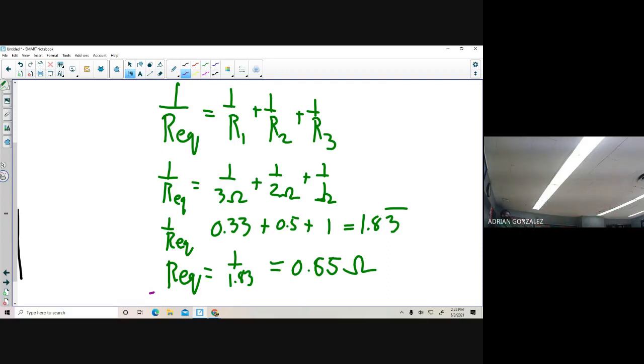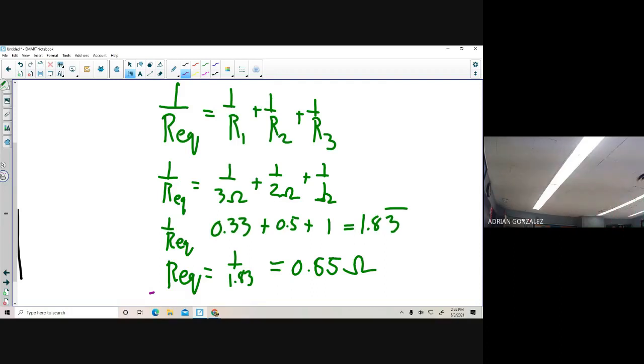Now, when you're doing this, the other thing you want to look for, and the reason that you could have also gotten rid of the 1.83, is that there's a rule with the equivalent resistance in a parallel circuit. The equivalent resistance in a parallel circuit must always be lower in magnitude than the smallest resistor in the circuit. I'll say it again.